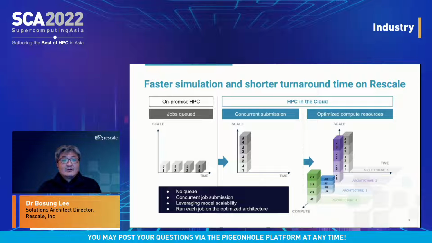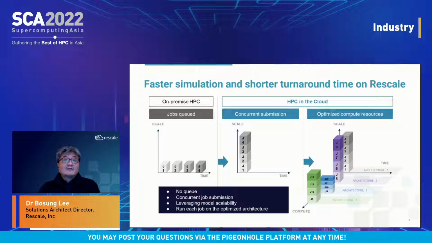And using the Rescale cloud, because the Rescale HPC cloud is based on the various public clouds, users need not wait for allocation of hardware resources, different from an on-prem HPC cluster. Also, depending on the type of simulation, the best optimized hardware can be used at the same time.